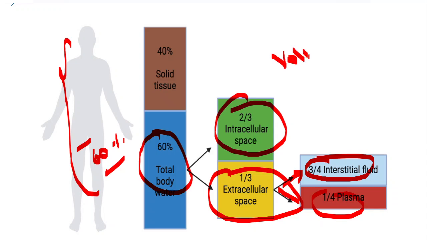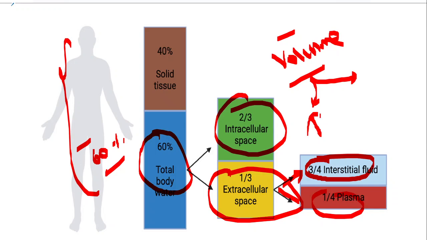So volume imbalance happens whenever there is derangement in any of these. There might be loss, or there might be shift in the fluid between the chambers to the third space, or there's an excessive body water. So these are all the problems related to volume.